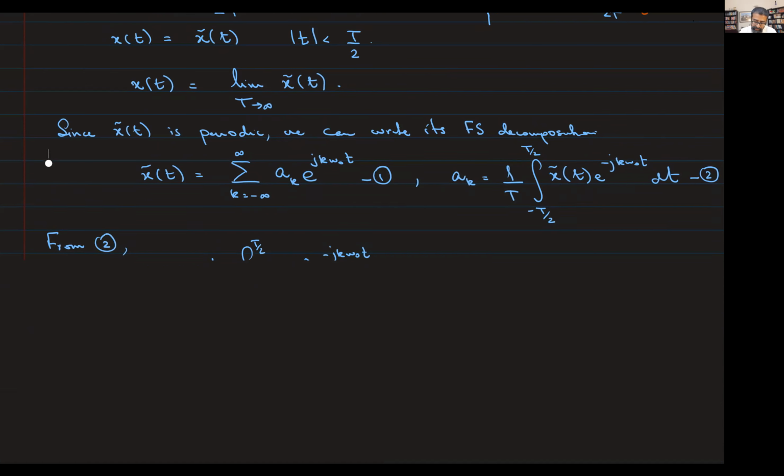Why are they the same? Can somebody explain to me why? Omar? Sir, so we're basically integrating from minus T by 2 to T by 2. And in that time period, x tilde of t only occurs once, which is basically just the same as x of t.